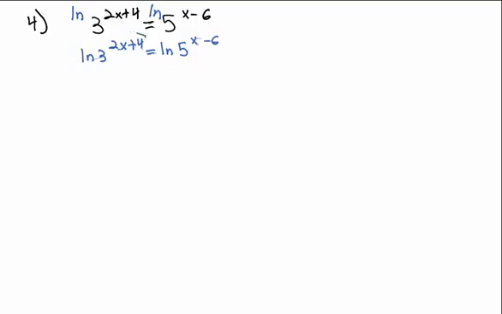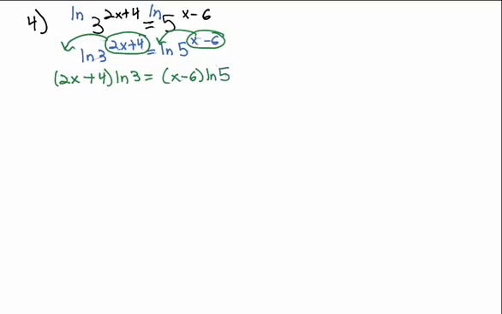Once we see an exponent inside of a logarithm, our first instinct should always be to move it out front of the log. The parentheses signify the entire exponent has been moved out together: 2x plus 4 times the natural log of 3 equals x minus 6 times the natural log of 5. We have fewer options for solving here.